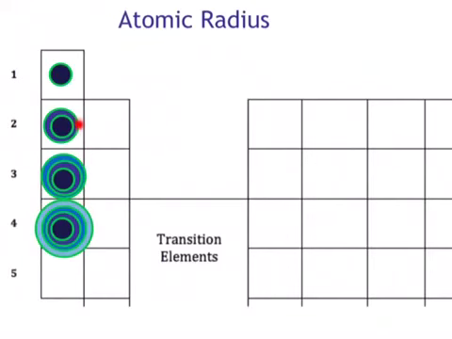So as we are adding electrons, there's another thing that is equal to the number of electrons when we talk about atomic structure. Remember that the number of protons equals the number of electrons.